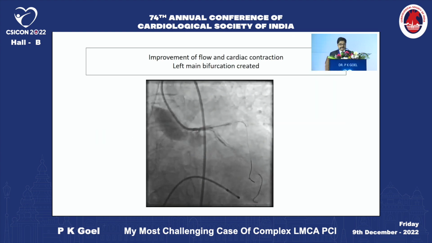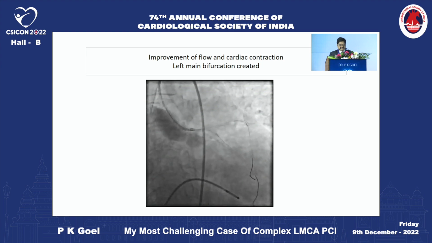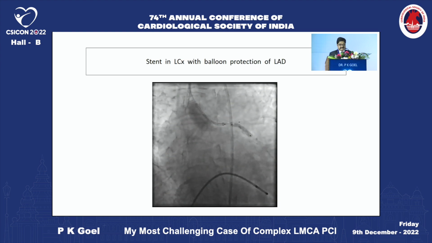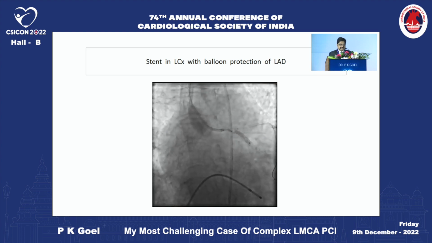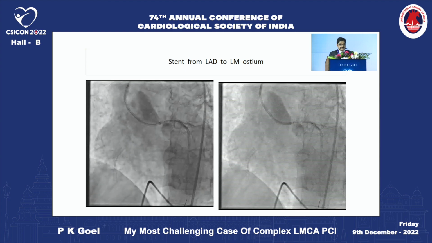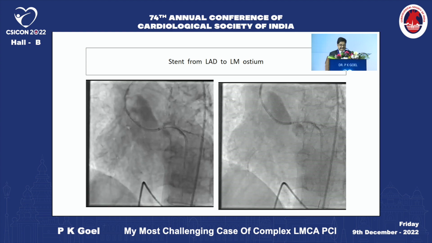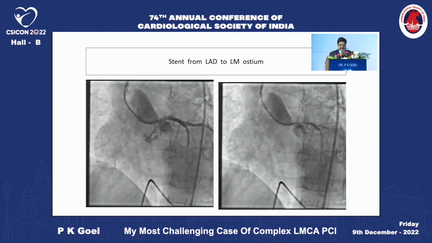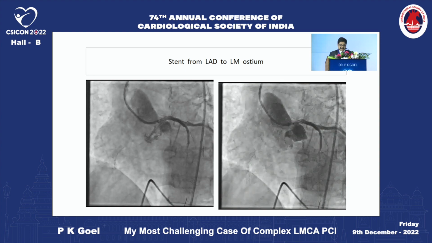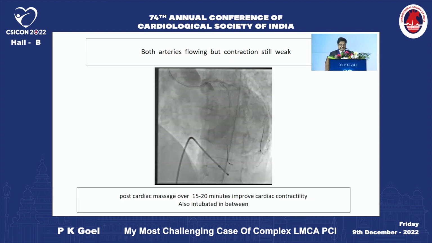So improvement of flow and cardiac contraction, left main bifurcation disease now created, and stent in the circumflex with balloon protection of LAD, and then stent from LAD to left main ostium, and that is that, and all that contrast hanging continues.